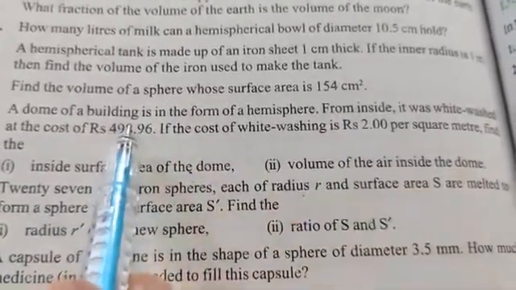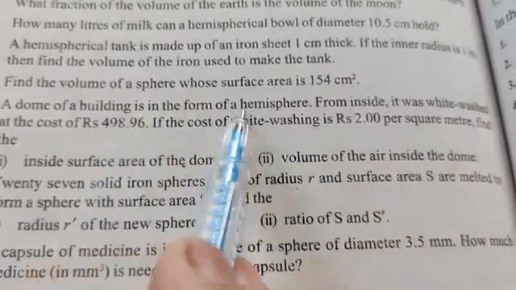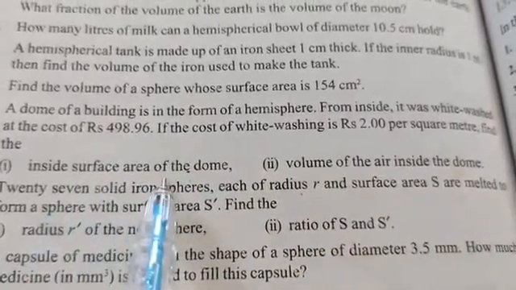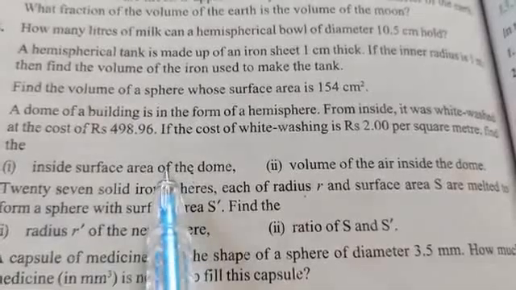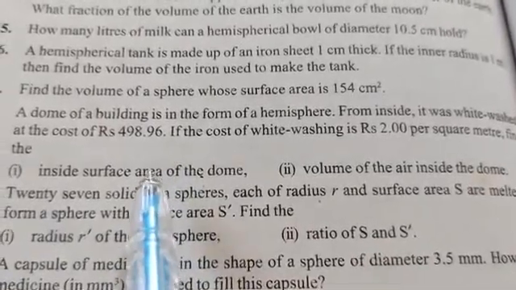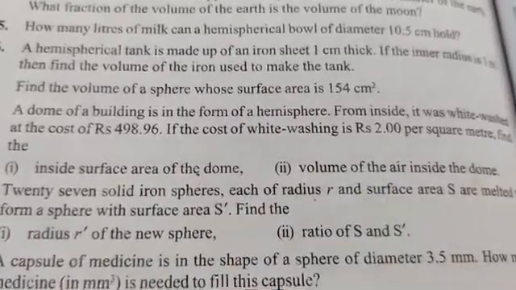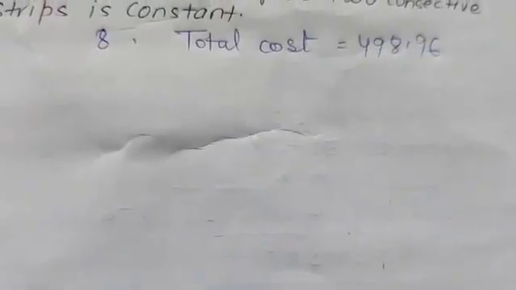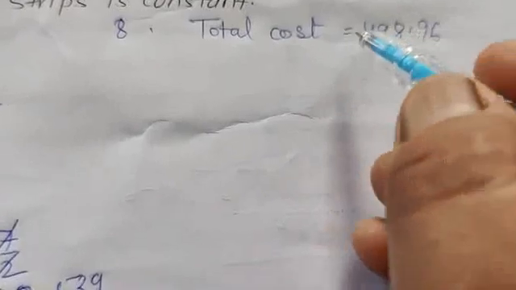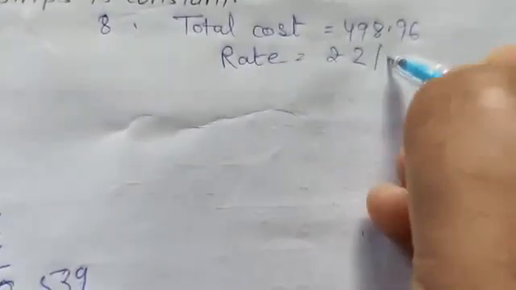The total cost divided by 2, you will get the inside surface area of the dome. From that you will get the radius, then the volume of the hemisphere. Total cost is 498.96 and rate is rupees 2 per meter square.